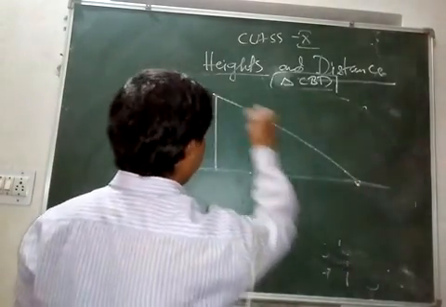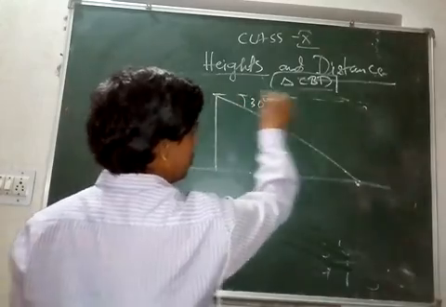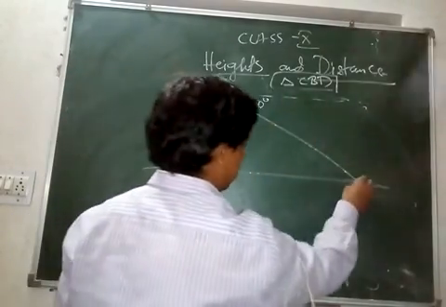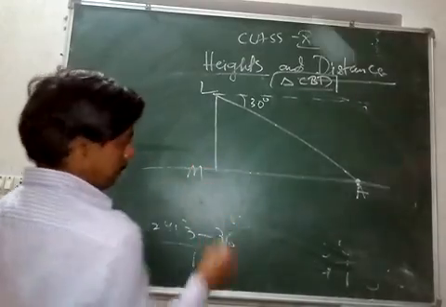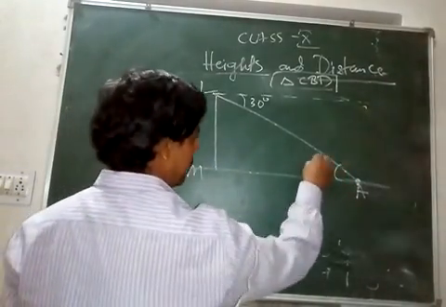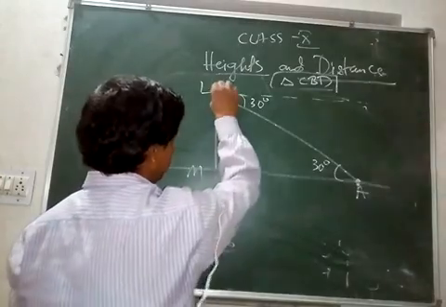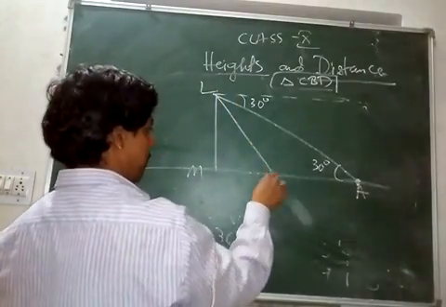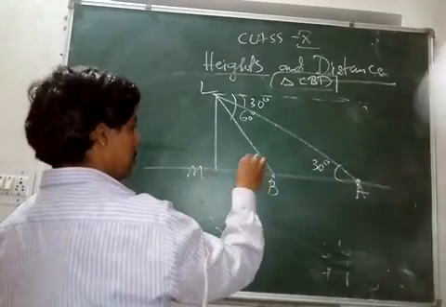He observes that the angle of depression is 30 degrees. This one, this is the horizontal, this is the depression. Car is here at point A, LM is the tower. So this is also 30 degree, alternate interior angles. After 6 seconds, the car is here, point B. This angle becomes 60 degree, angle of depression. So this is also 60 degree.